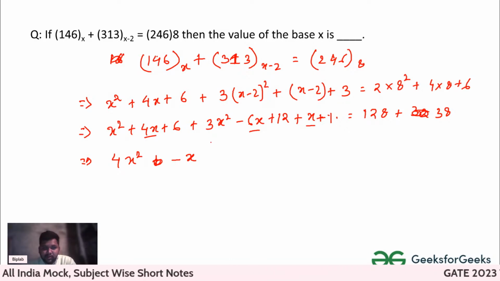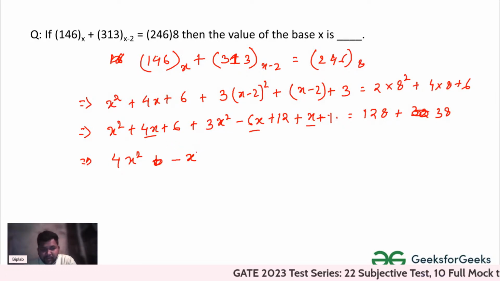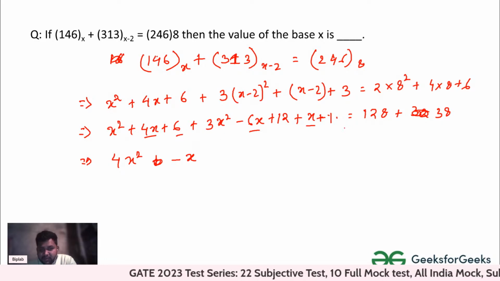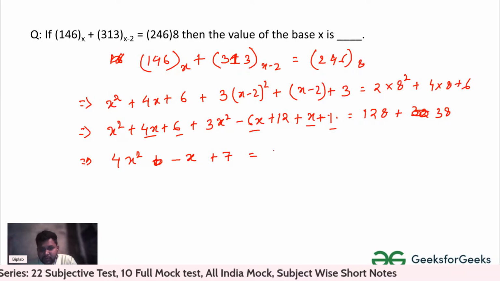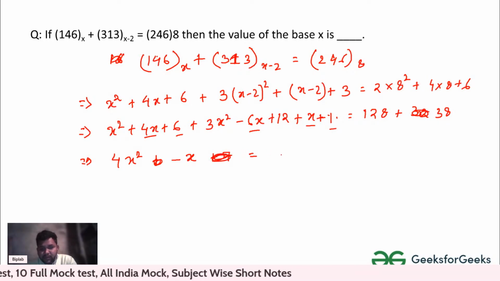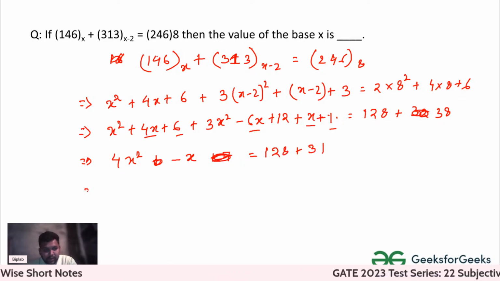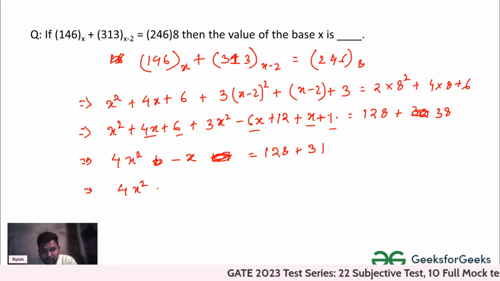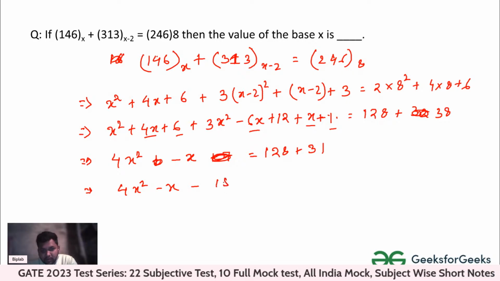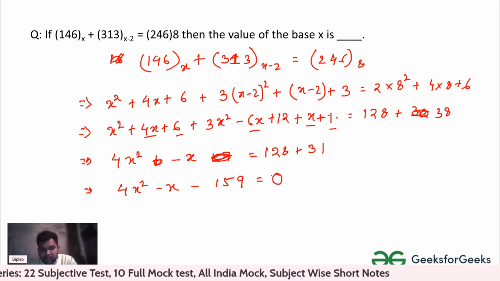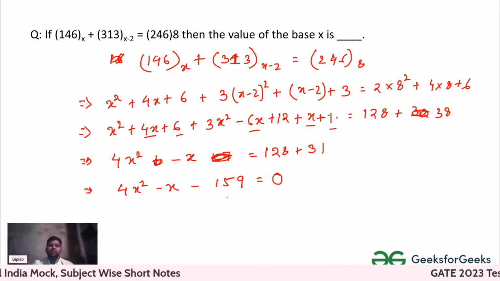Minus x, and you have 6 here, 7 here, so plus 7 equals, sending 7 to the right, 128 plus 31. So 4x squared minus x minus 159 equals 0.